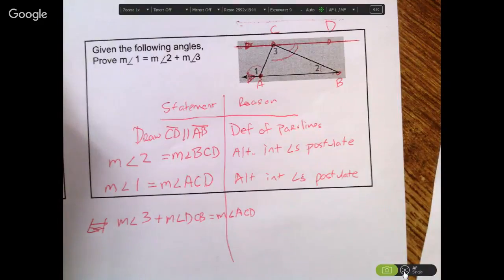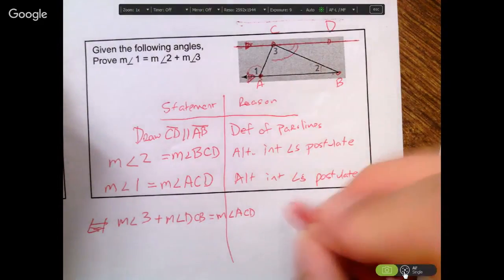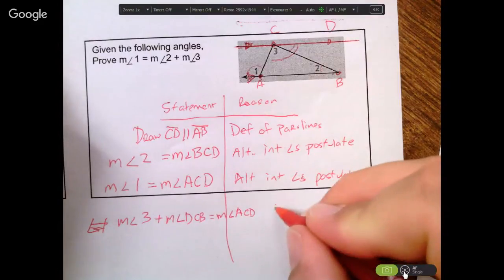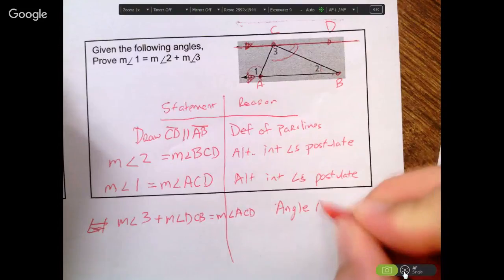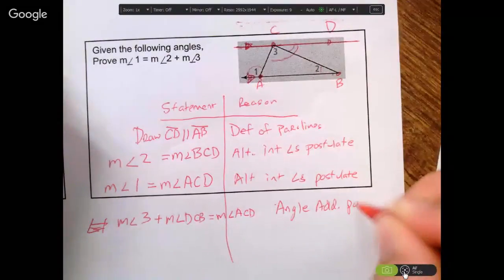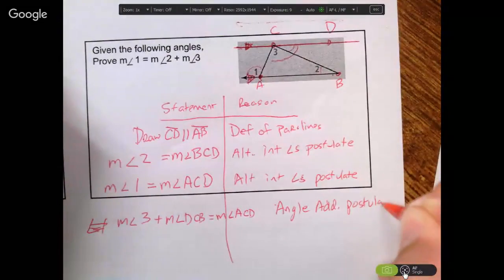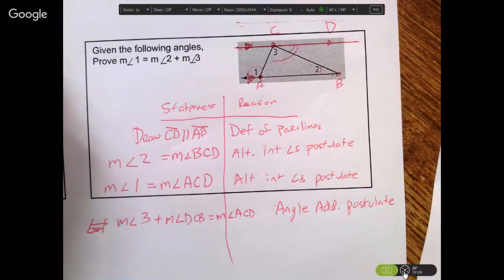Okay. And I should have had all that on the left side. I just kind of ran out of room. And the reason I'm allowed to do that is because of the angle addition postulate. It says that if you have two angles that make up a third, you're allowed to add them together. Okay.